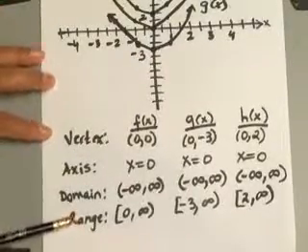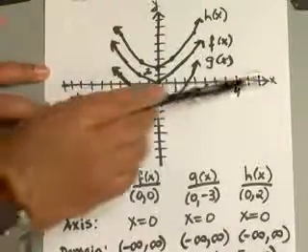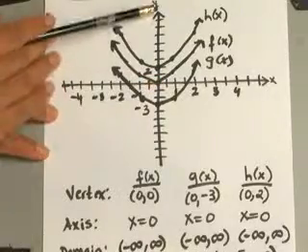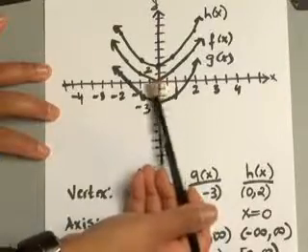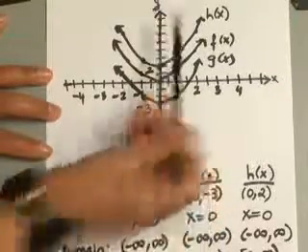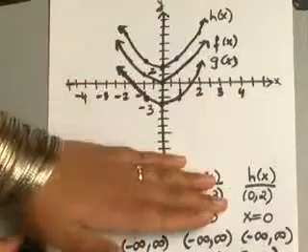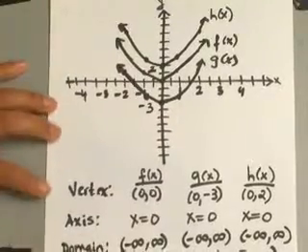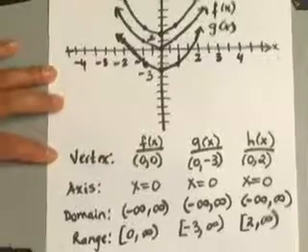Of course, for your f of x equals x squared graph, your range is going to be from 0 to +infinity, because you can see that we're starting at the point x equals 0, y equals 0, or the origin, and we're going all the way up. Okay, there's no part of the f of x graph below the x-axis, so your range for f of x is 0 to infinity.